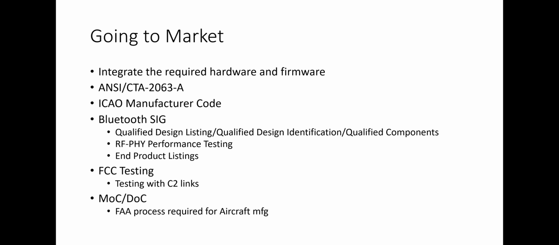You'll need to do your FCC testing for your aircraft so that you have co-located radio stuff. There's a whole lot of discussion about co-located radios, which I'll get to in a second. And then you'll need to do your means of compliance, which feeds your declaration of conformity, which is part of your FAA requirements for being an aircraft manufacturer.